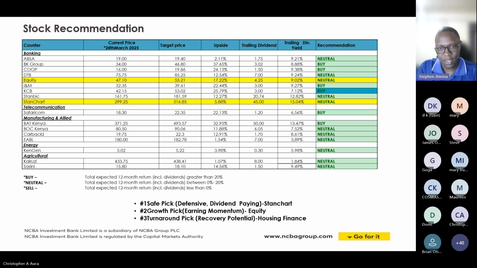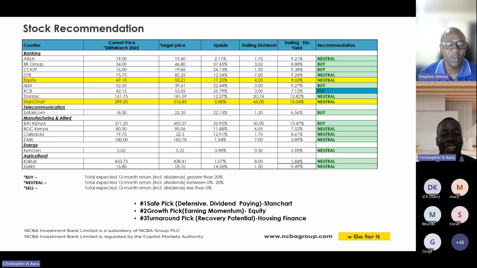Chris, you seem to be favoring the banks. If someone were to choose three counters, I thought BAT giving me 50 shillings is a pretty tidy sum. How come they don't feature in your recommended stock picks, at least the top three?